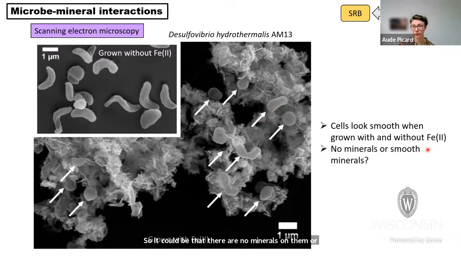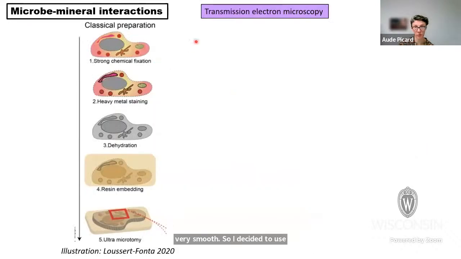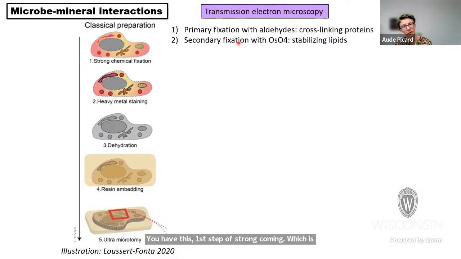So I decided to use transmission electron microscopy, which is a method that has some bias, but we did the control for the abiotic minerals just to make sure that the structures that we see in biogenic conditions are unique to biogenic conditions. I will go quickly through the preparation. To preserve cells, you have a first step of strong chemical fixation, using aldehydes to cross-link proteins.